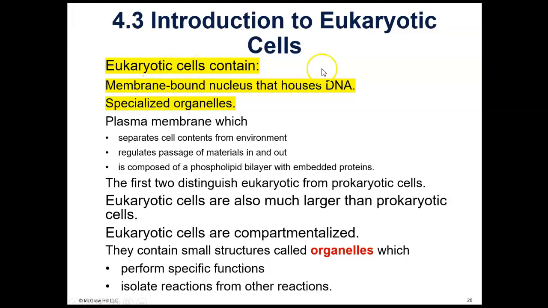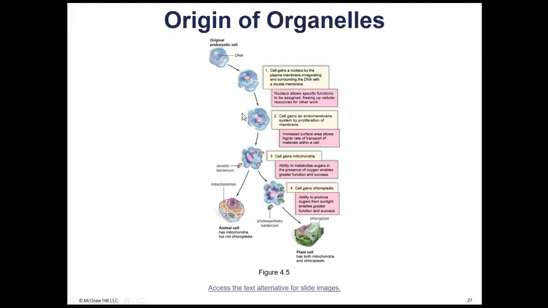Now, there are some that are unicellular, but most of the eukarya are multicellular. So eukaryotic cells are going to contain a nucleus that houses the DNA and specialized organelles.